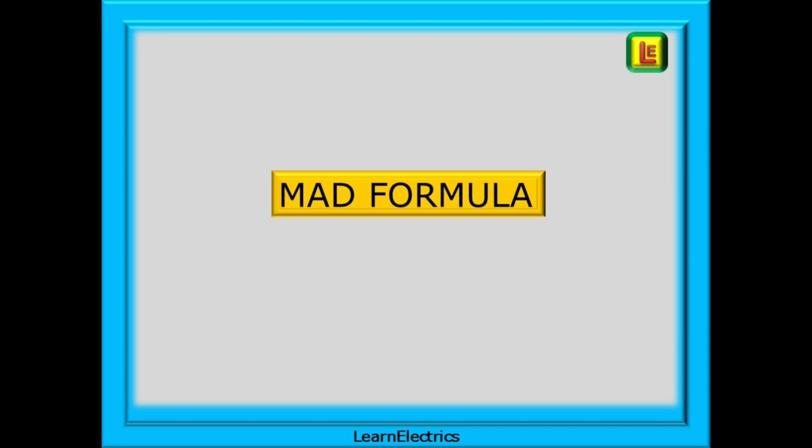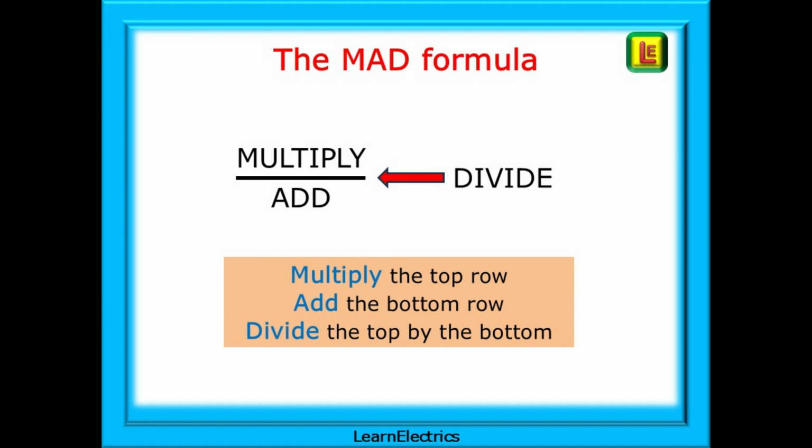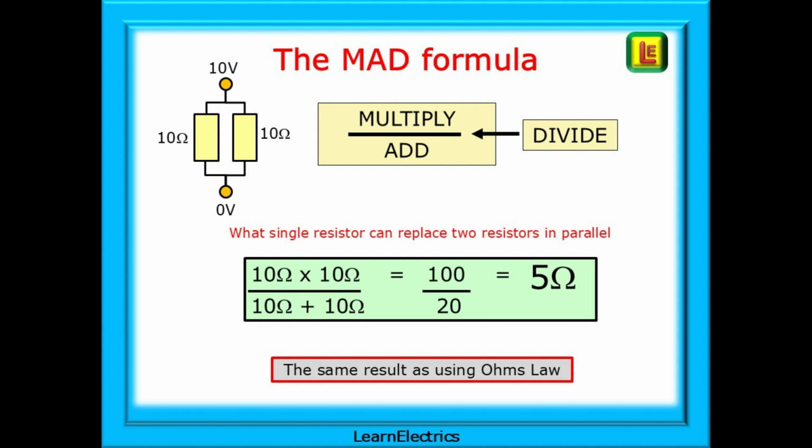Now we can look at how the MAD formula can help us to make the calculations. The MAD formula, as applied to resistances, is simply multiply the top row, add the bottom row, divide the top by the bottom. Let's look at the last example. What single resistor can replace two 10 ohm resistors in parallel?